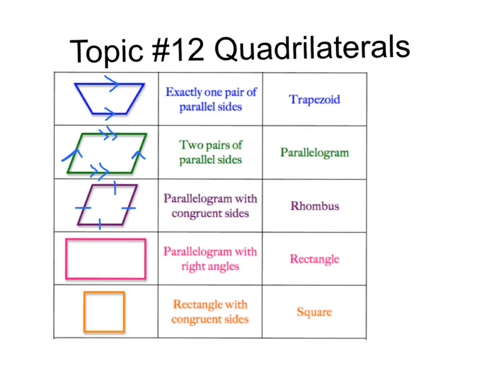If it's a parallelogram with all four angles being 90 degrees, it is a rectangle. And if it has all four sides the same and all four angles right angles, then you're looking at a square. So those are the basics of the shapes.